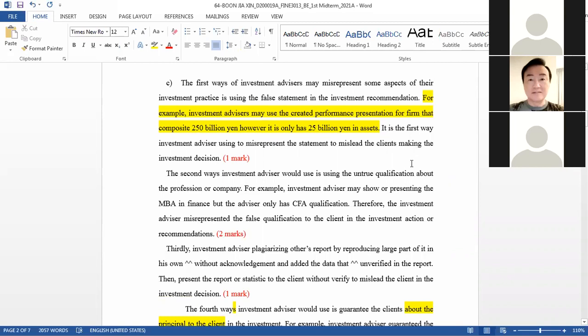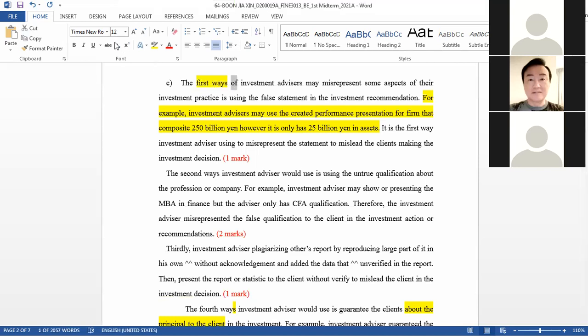Right, then, the first ways is singular, right? The first way, then this word is redundant.